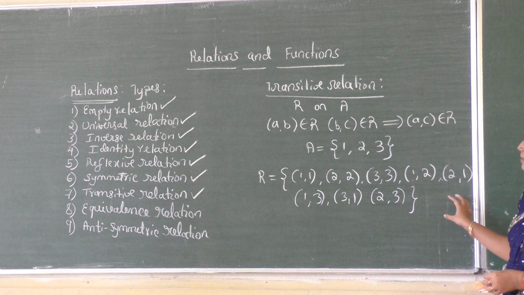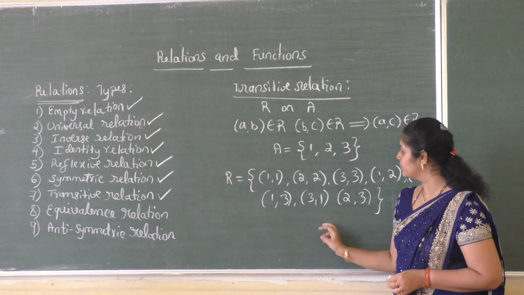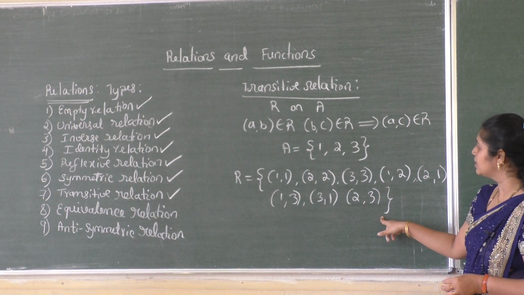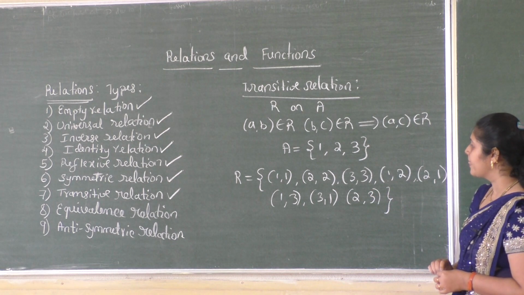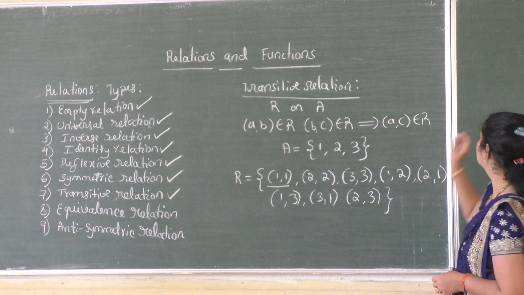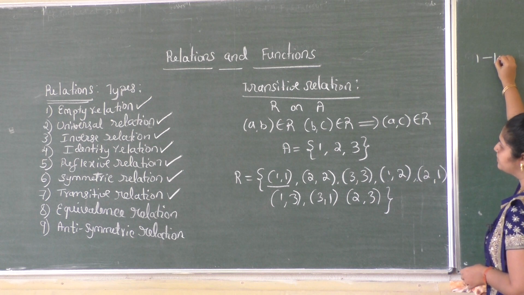To decide whether it is a transitive relation or not, first you can see the ordered pairs of this relation. First ordered pair I am taking (1,1), so 1 goes to 1.